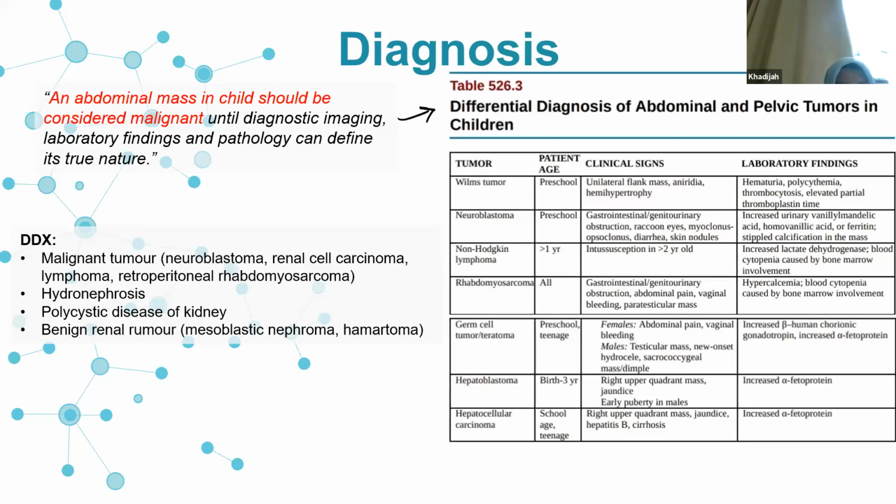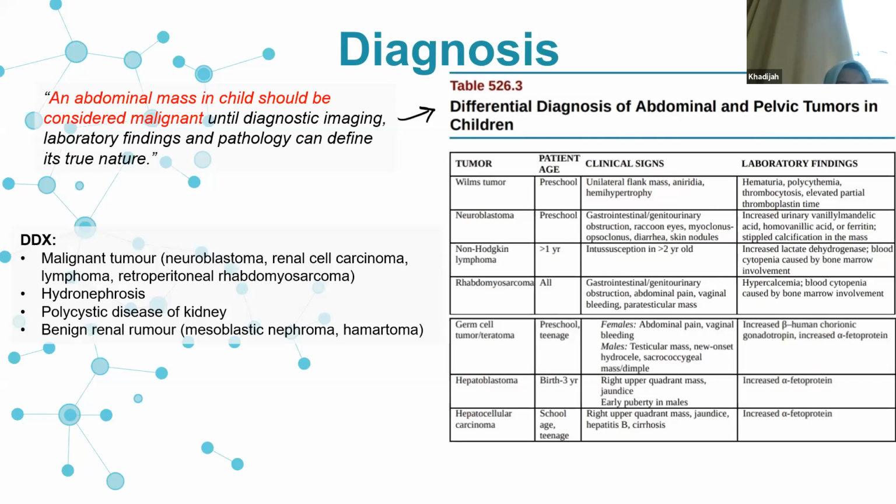So for diagnosis, if a child has an abdominal mass, it should be considered malignant until diagnostic imaging, lab findings, or pathology can define its true nature.